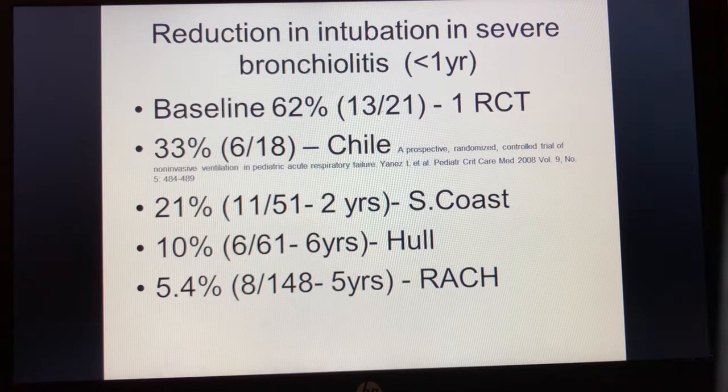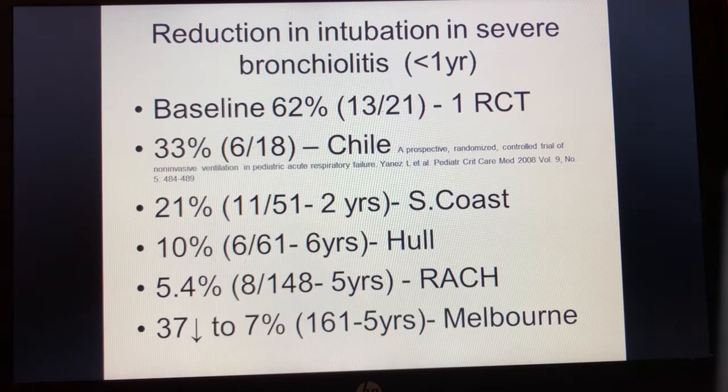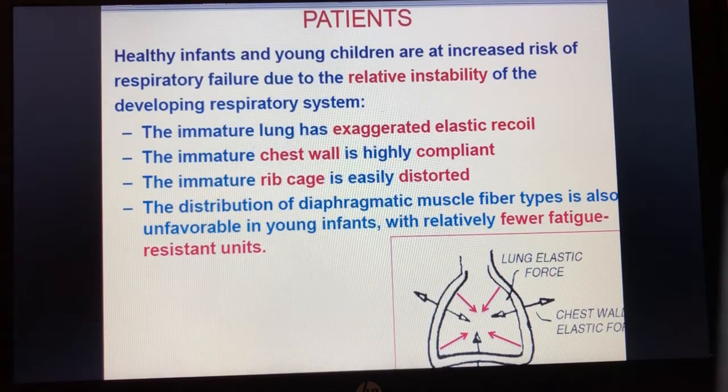And in our own institution, over a 5-year period, we showed in retrospective analysis that of 148 infants treated with CPAP, there was a 5.4% intubation rate. And also overseas, this was reduced from 37 to 7% over a 5-year period with 161 infants at the Royal Melbourne Children's Hospital in Australia. So there is some emerging evidence that there's the potential to reduce the need for mechanical ventilation by using CPAP in bronchiolitis.